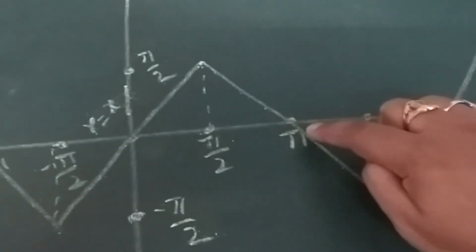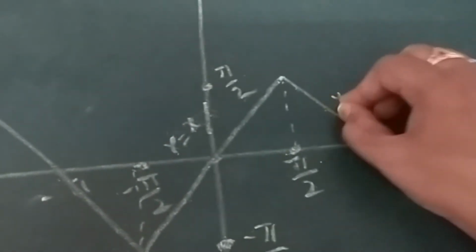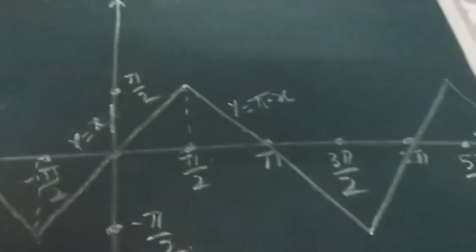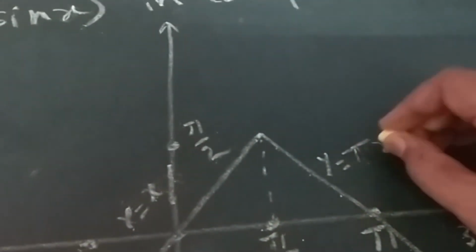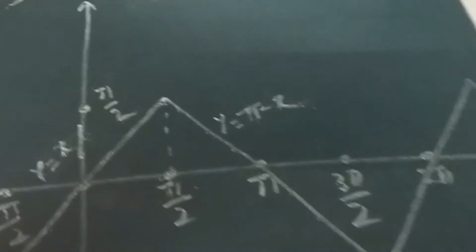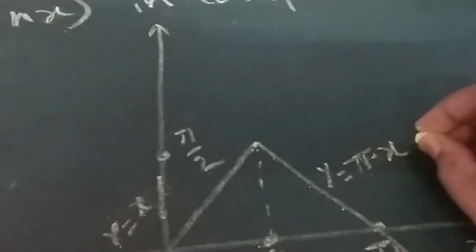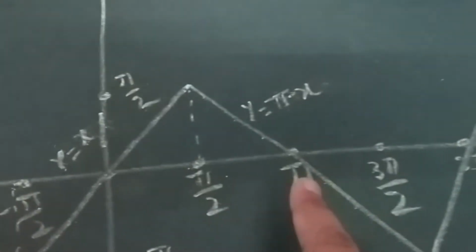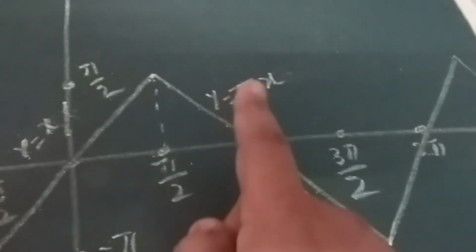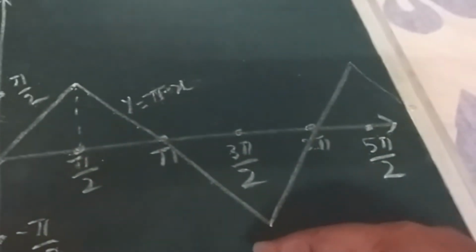So this time it is opposite. It will be y equal to pi minus x. When it is coming down, it is falling, that time it will be y equal to pi minus x. Pi minus x means through which point it is falling, we have to subtract from that point, pi minus x. Again it is going up and it is passing through 2 pi.